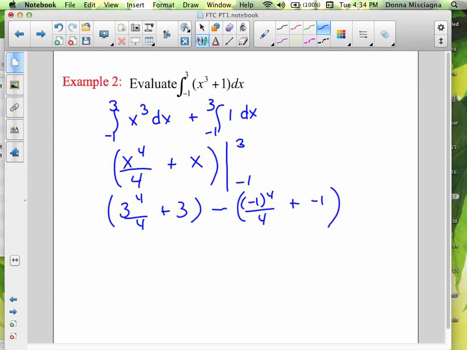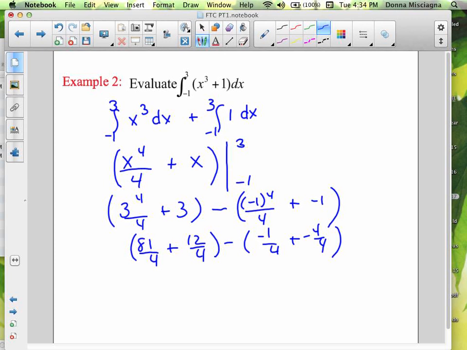All right, so 3 to the fourth power is going to be 81 fourths. I'm going to change that 3, so that's going to be 12 fourths. Over here, we're going to have a negative 1 fourth, and that's a negative 4 fourths.